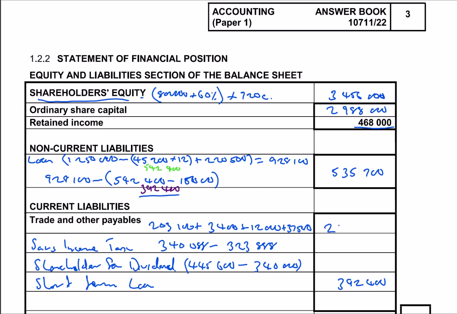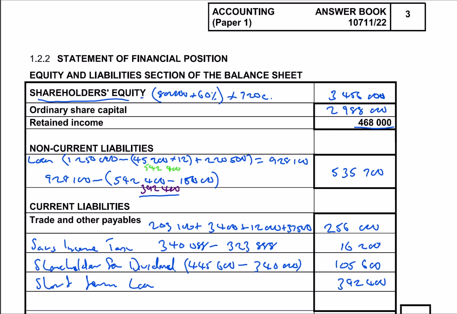That's 256,000. Then 340,088 minus 323,888, it's 16,200. Then 445,600 minus 340,000. That's 105,600.